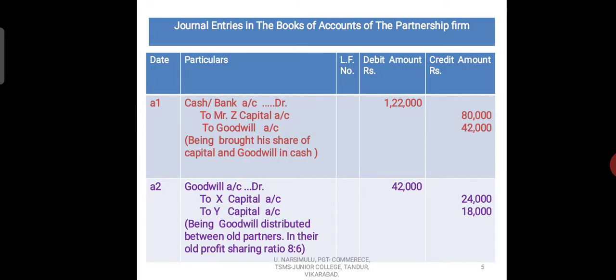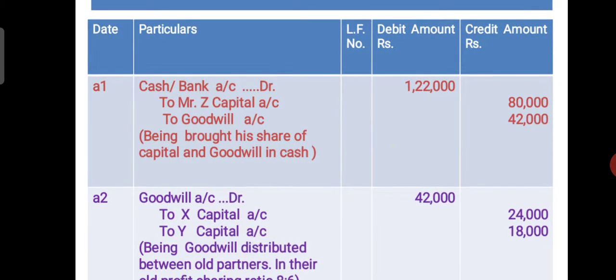Next, the journal entry. The first journal entry we wrote: when the new partner enters the firm, he brings cash for his share of goodwill and his share of capital. See, the new partner Mr. Z brings 80,000 as his share of capital and 40,000 as his share of goodwill, total of 1,20,000. That is the debit amount.